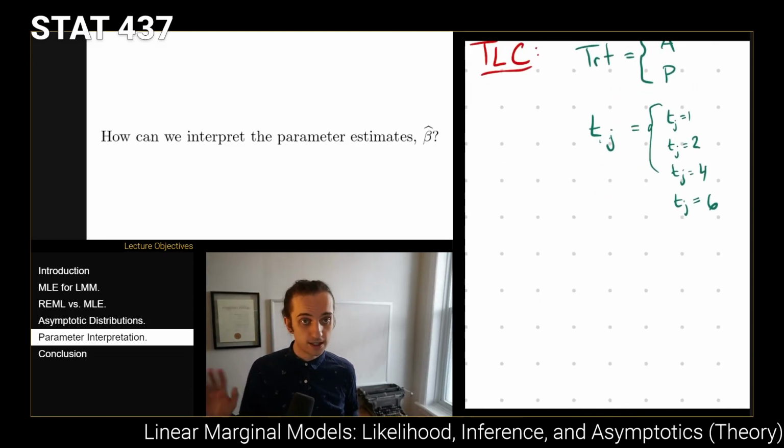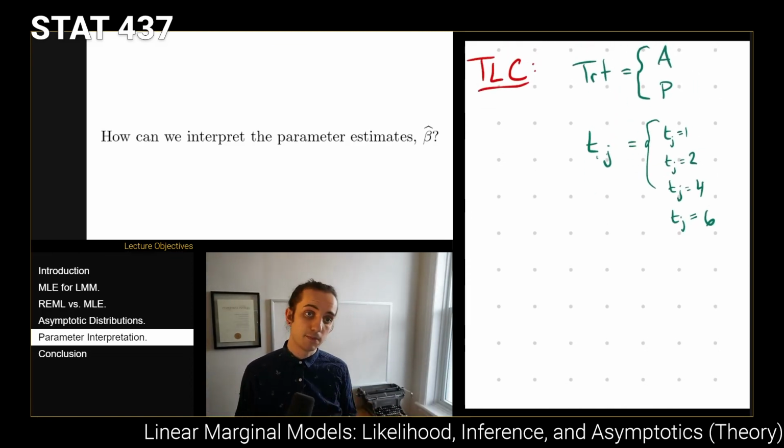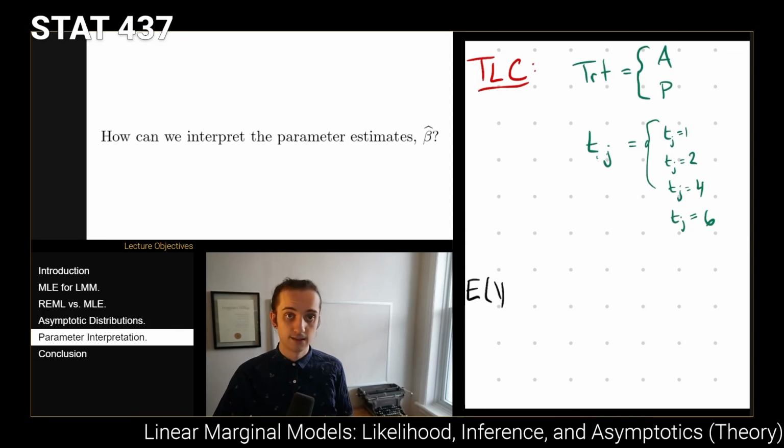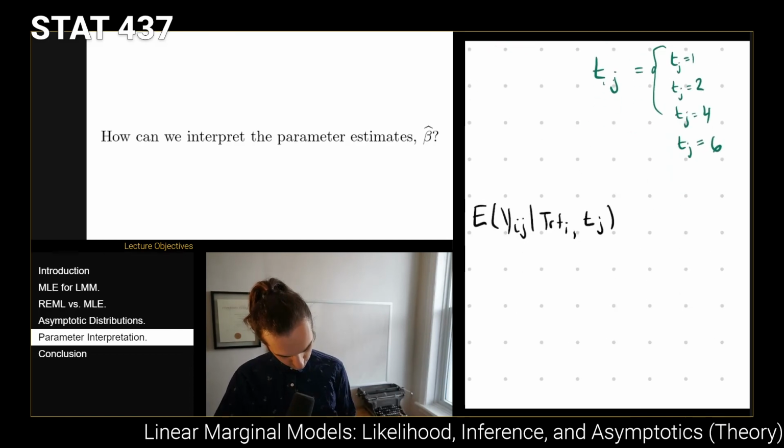And so if we just think for a second about the main effects model here, we could say that the expected value of the lead for each individual, given the treatment for this individual and the time, is going to be equal to, we could have our intercept here. We'll have a treatment indicator, so that's an indicator that the treatment is equal to the active treatment.